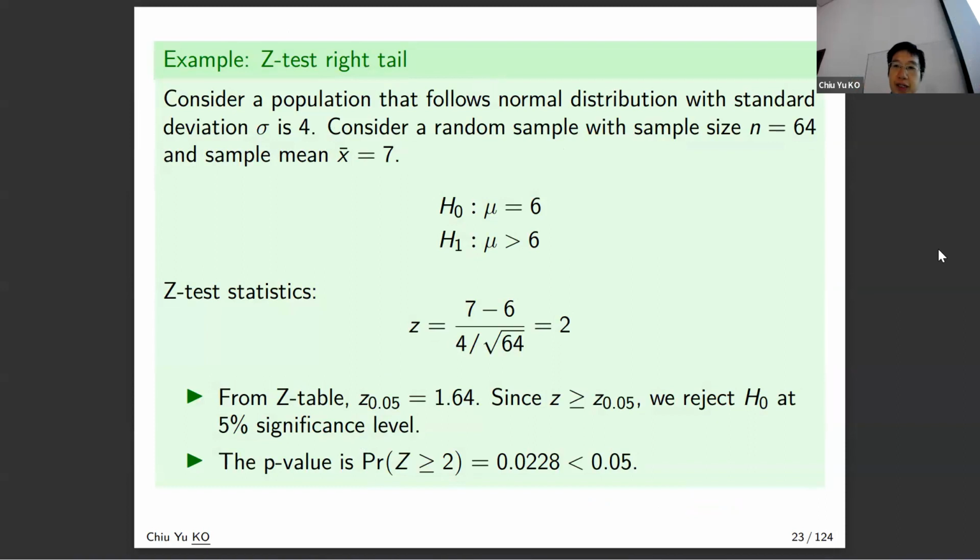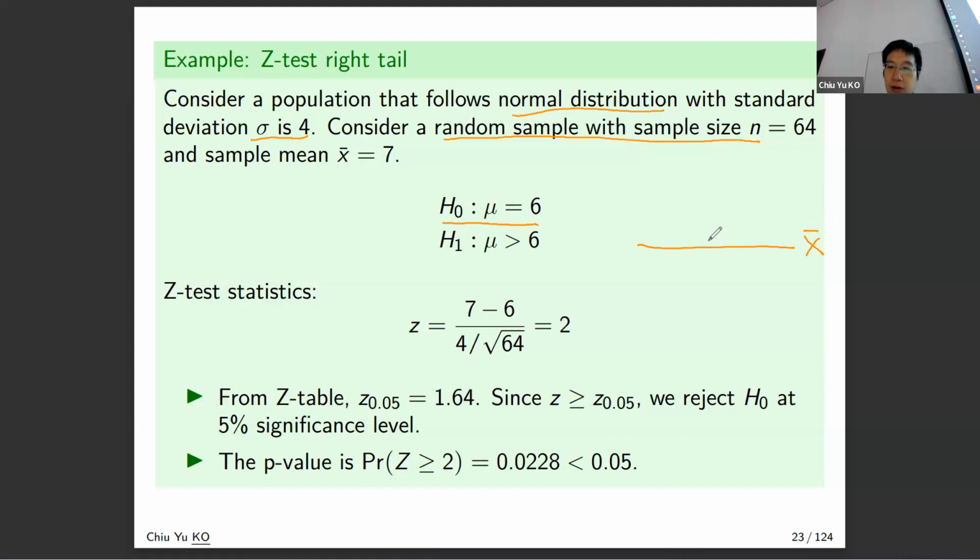So the question here is, I have a normal distribution with sigma 4. The underlying distribution is normal, that's fine. And I have a random sample with sample size 64. Just to remind yourself, before we do it, what we do is X bar here, and we have mu is 6.